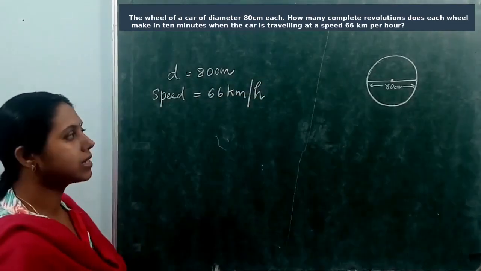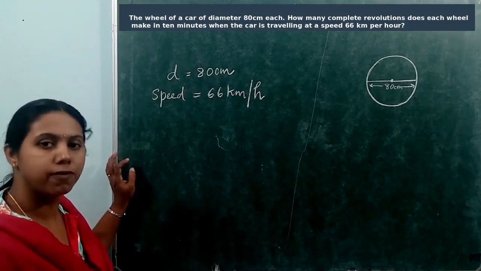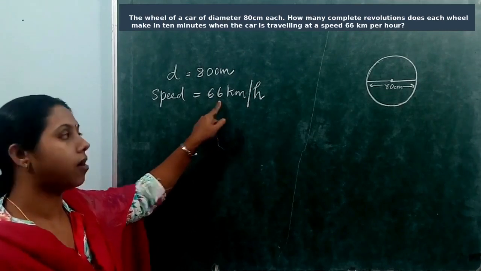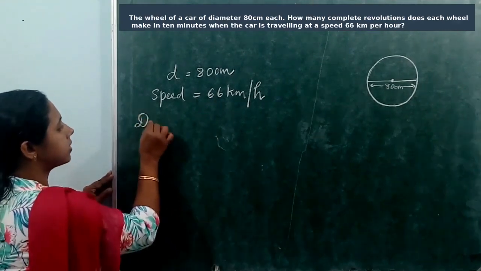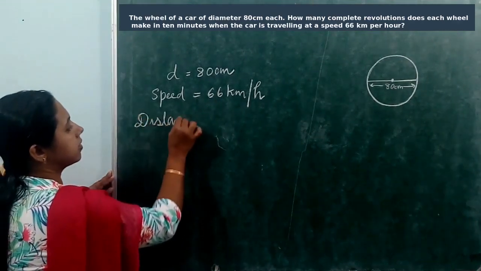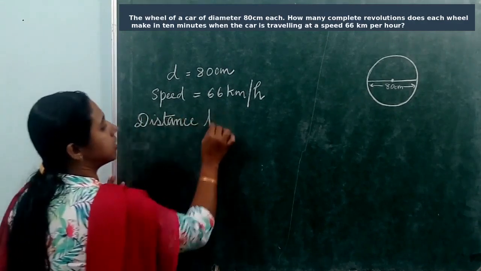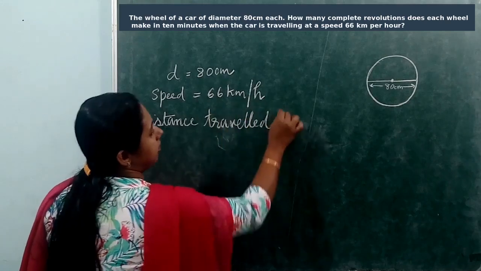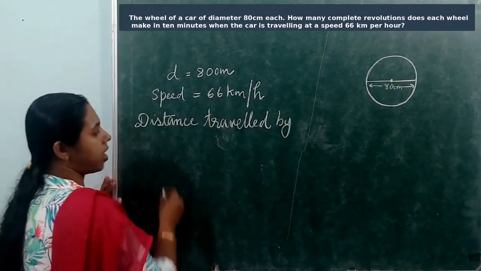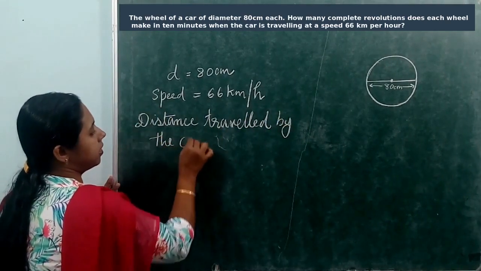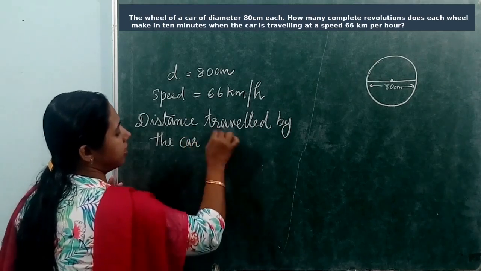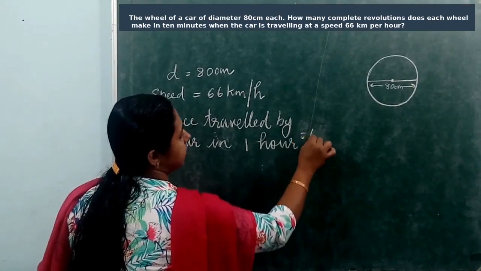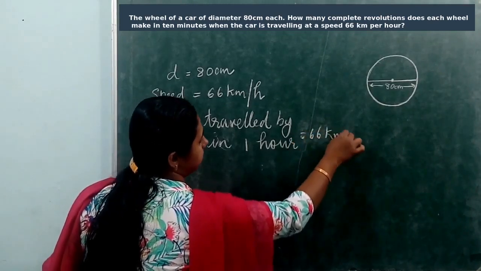That means the distance travelled by the car in 1 hour is equal to 66 kilometer.